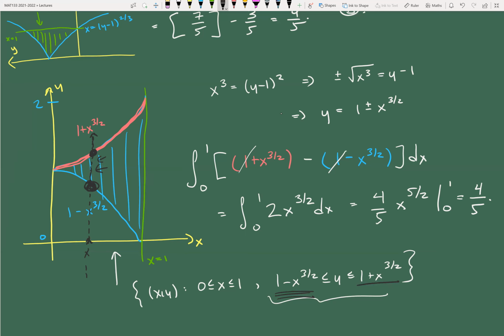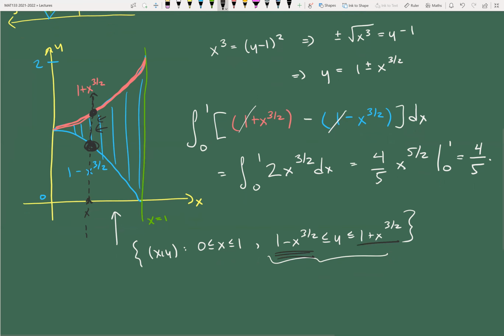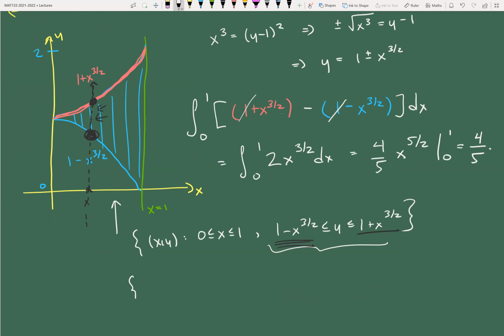That would be the y value. So in fact, if you want to switch this around and write this as a type 2 region, you'd say y is between 0 and 2, right? And then you pick an arbitrary y. This one's actually not that bad. And then you say, oh, look, I entered the curve on the blue thing and I left on the green thing.